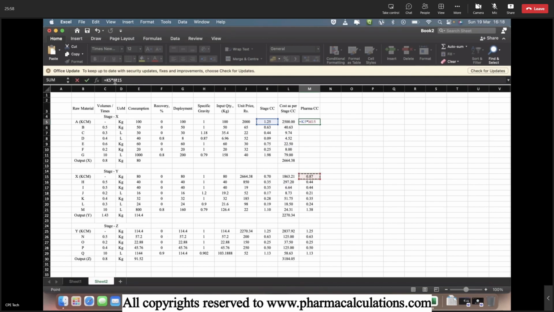Okay, and just apply dollar for this previous stage KCM. Just drag it. And now let's calculate the cost as per pharma CC. So CC is nothing but a cost contribution. So this is nothing but the pharma CC multiplied with the price. Just drag it. Similarly, this is the case of the next stage also.